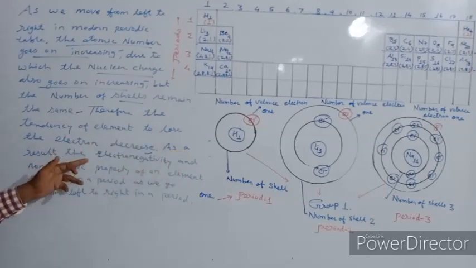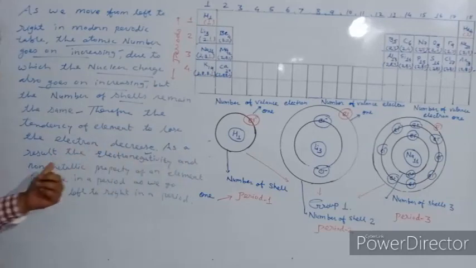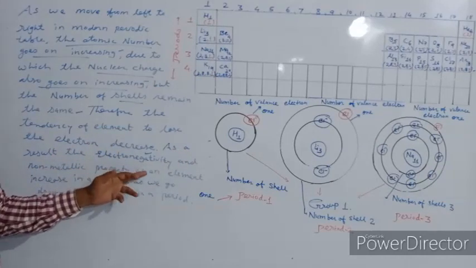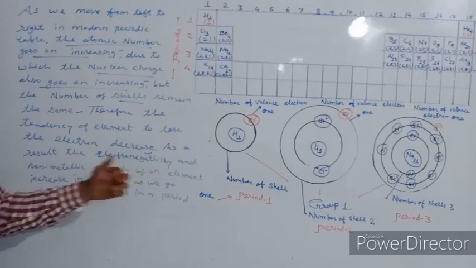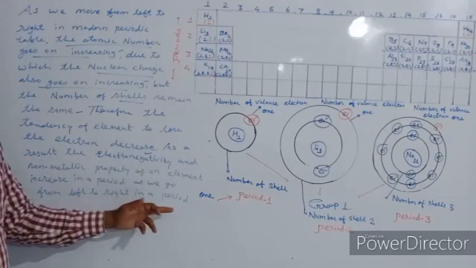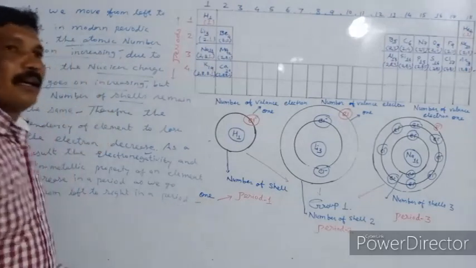As a result, the electronegativity and non-metallic property of an element increases in a period as we go from left to right in a period.